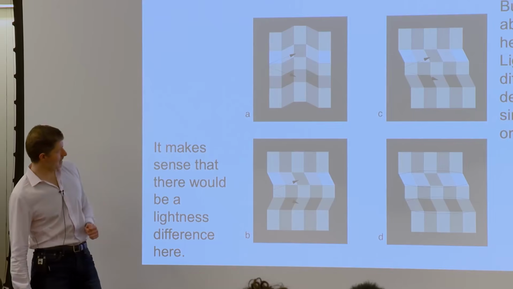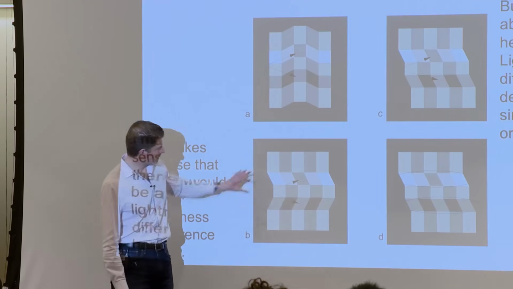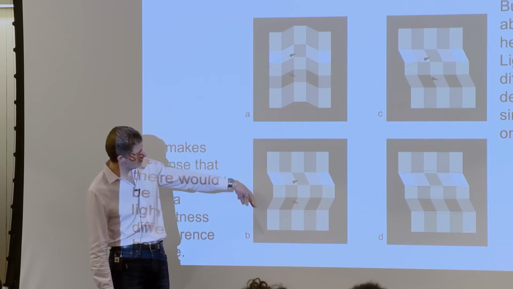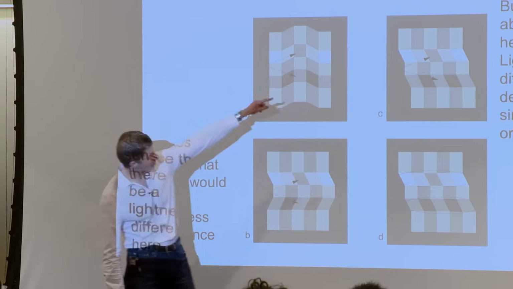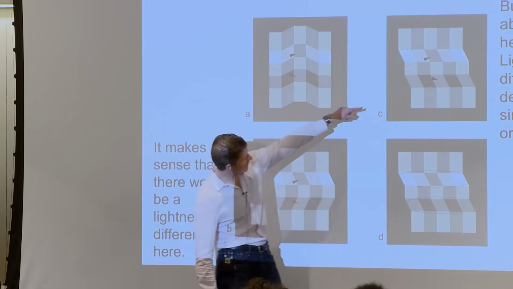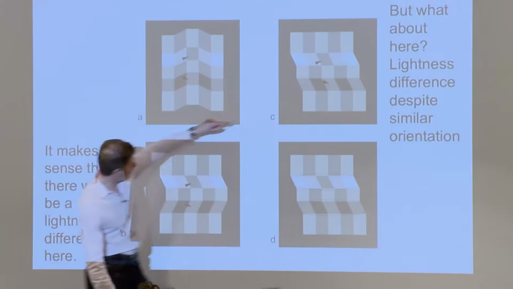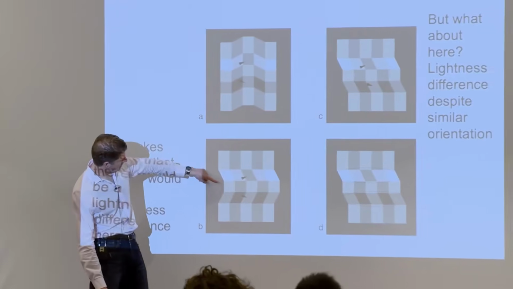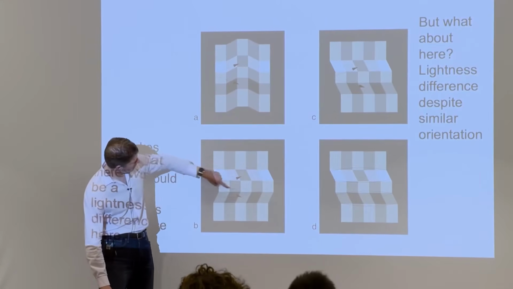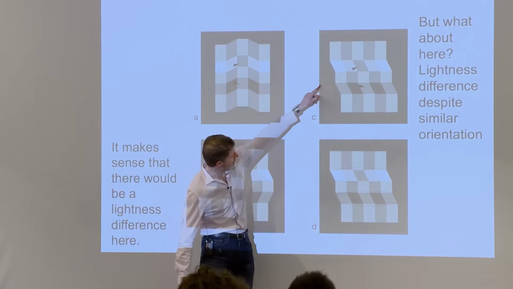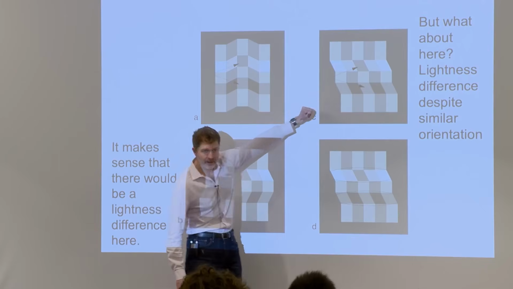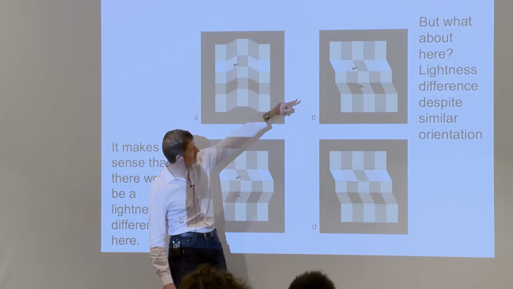Then this was discovered and published, and somebody came along with this variant, where you can see that it has the same shades of gray, but this one is reconfigured, and now the three-dimensional interpretation is different.